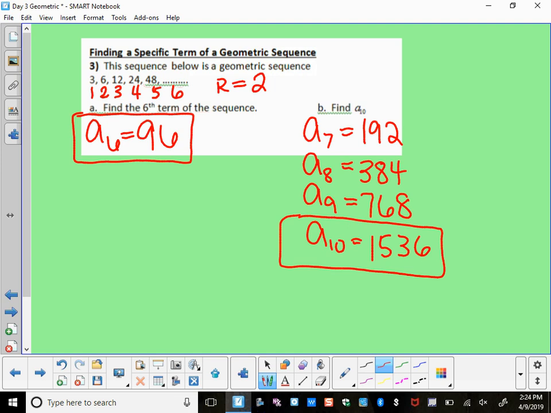Does that make sense? Yeah, I thought it was the same amount. You thought he was just magically making up the right answers? So 48, multiplying by 2.